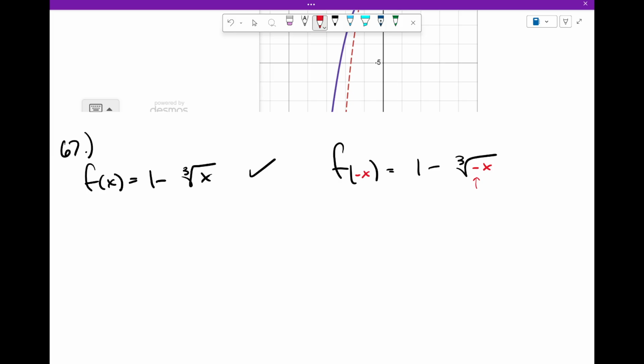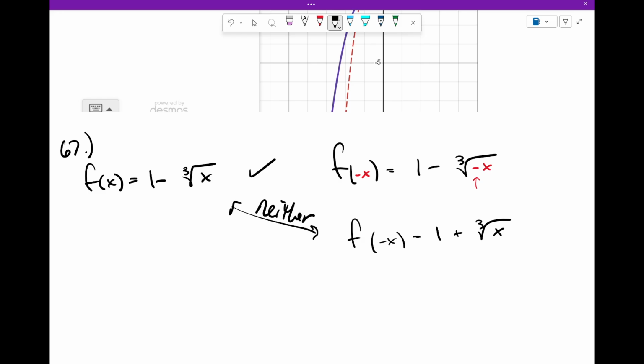So that negative can come out. All right. And when we look at this here, notice that we do not have exact opposites. In other words, there's no definition that we can fit here. So this is not even, nor is it odd.